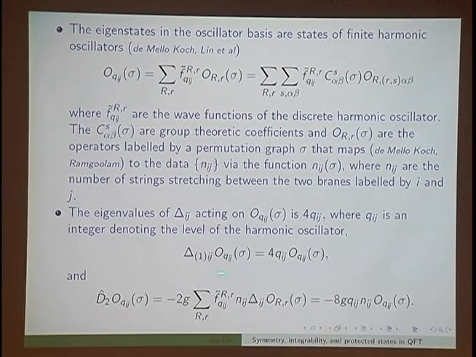And the eigenvalue of the 1-loop dilatation operator is proportional to Qij. So the 1-loop dilatation operator acting on this operator is proportional to g times Qij Nij, where Nij is the number of open strings stretched between the 2 branes labeled by i and j. And g is proportional to g Yang-Mills squared.